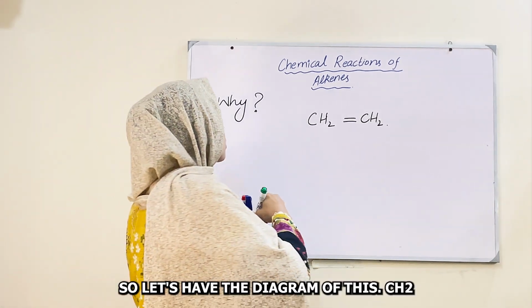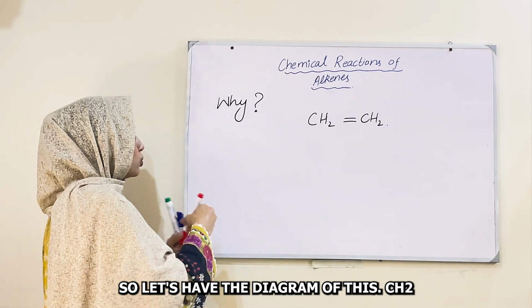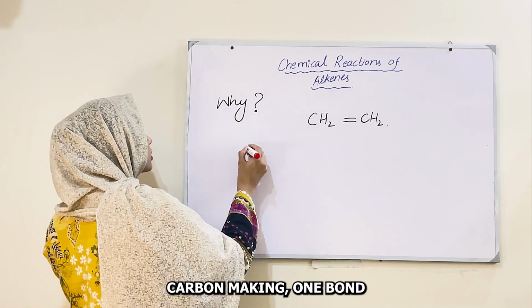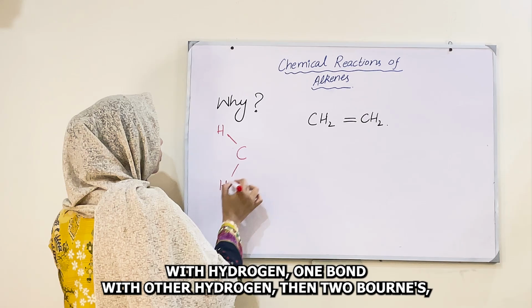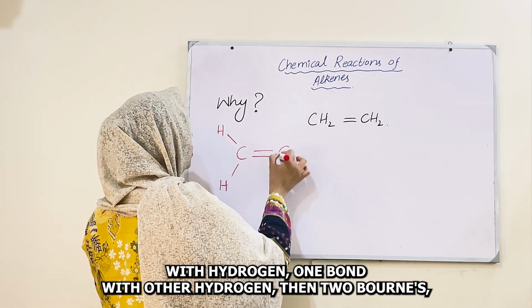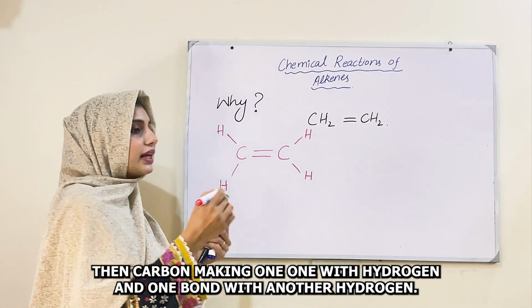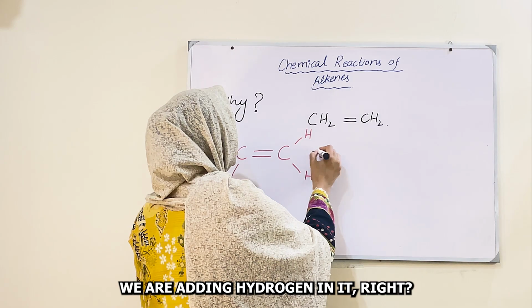So let's draw the diagram of CH2: carbon making one bond with hydrogen, one bond with another hydrogen, then two bonds between the carbons, then the other carbon making one bond with hydrogen and one bond with another hydrogen.